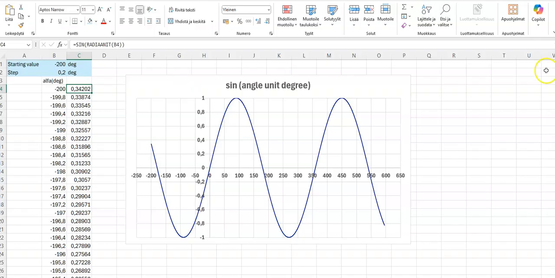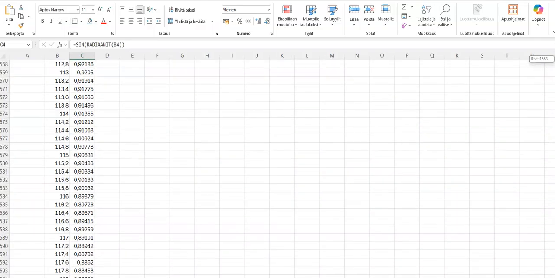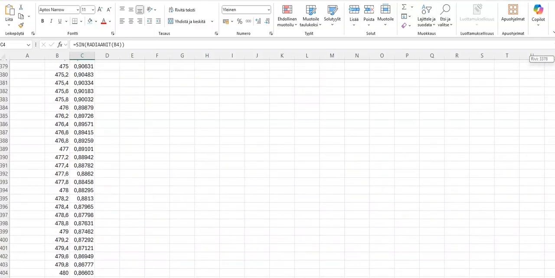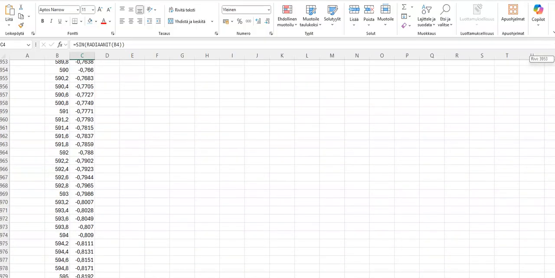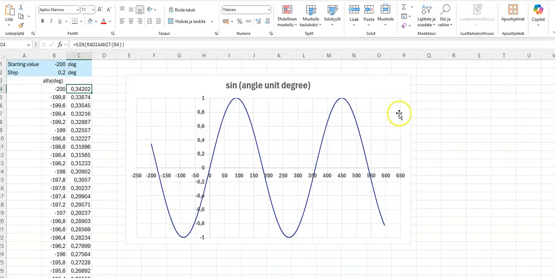And this Excel has calculated for me, you can see the lines there, about 4,000 rows. And then I have drawn the picture of the sine curve, and it goes like this.